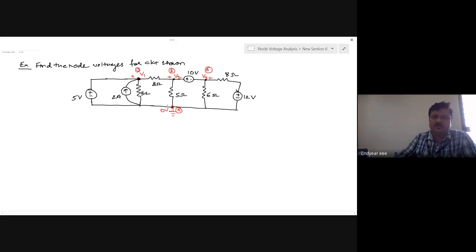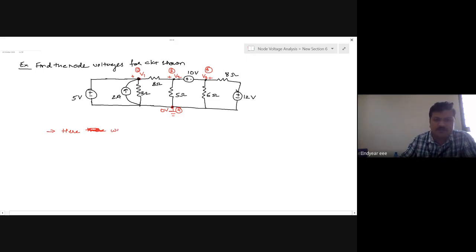Now we see here that there exists a voltage source between node 2 and node 3. So combinedly I can do this using a supernode.